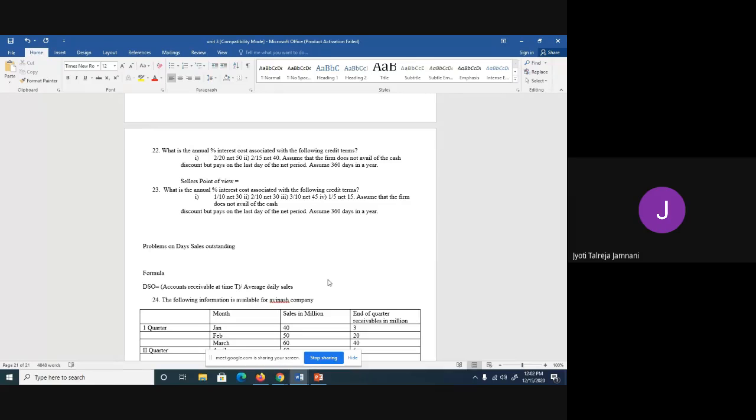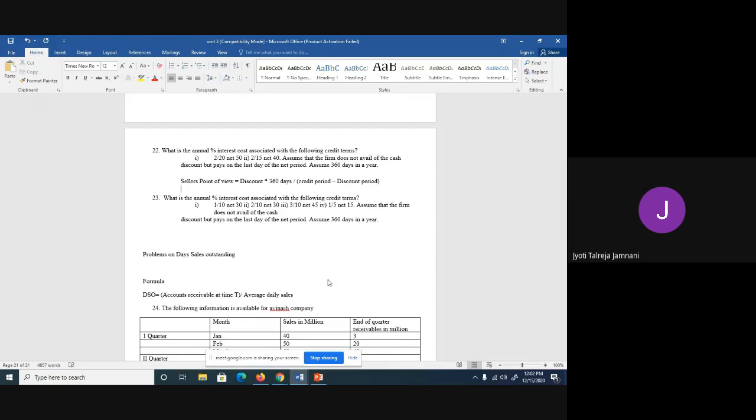The formula is discount into 360, which is the 360 days, divided by credit period minus discount period. This is the formula from seller's point of view.